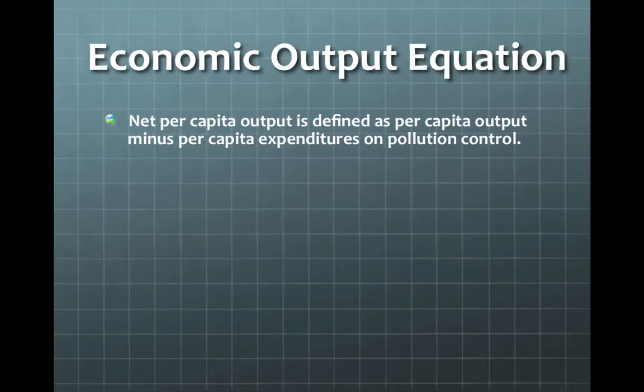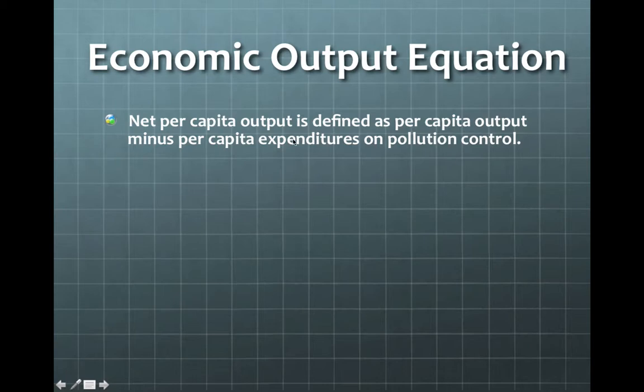So let's look at spelling out some of these terms. First, the net per capita output is defined as the per capita output minus the per capita expenditures on pollution control. So there is an economic consideration here in terms of the cost of pollution control and how those compare with the economic output.